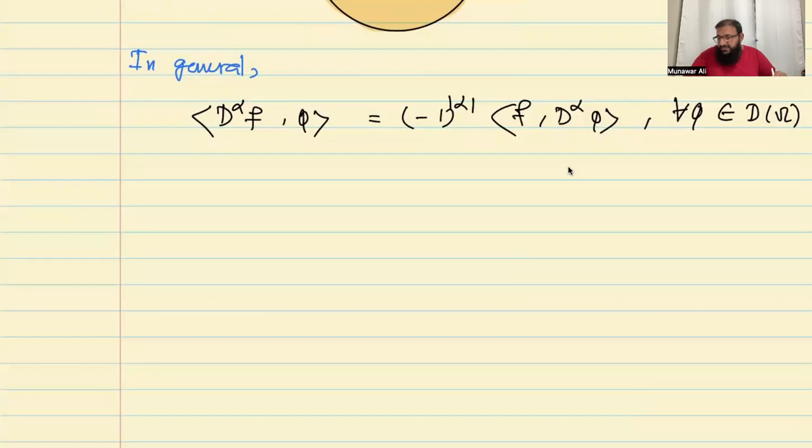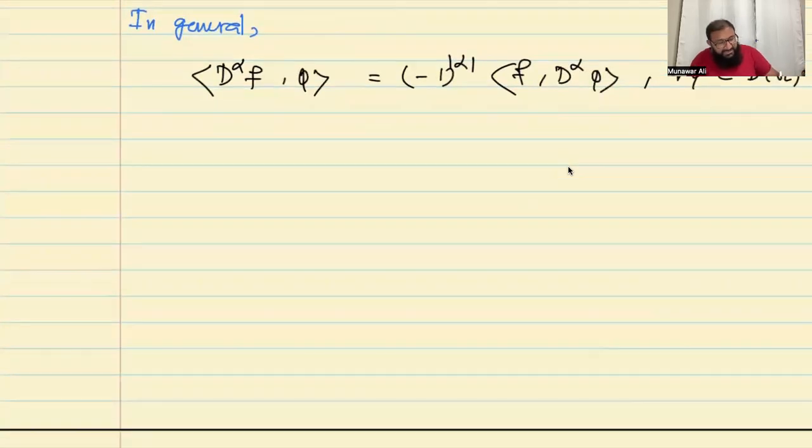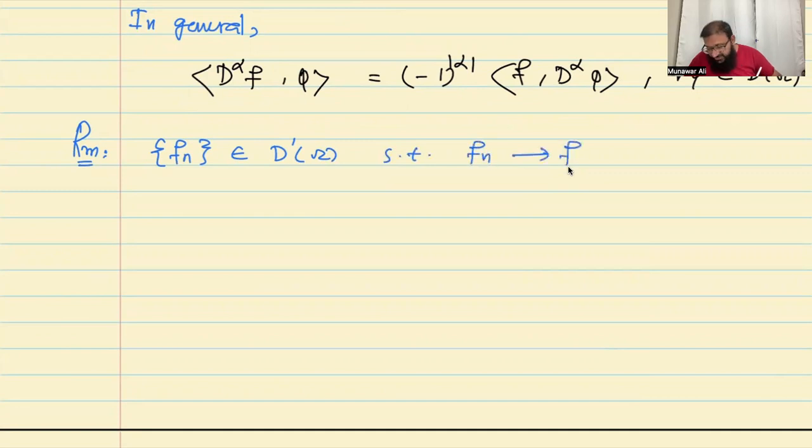And then I have maybe one remark or a lemma that says, let me put a remark. F_n belongs to the space of distributions such that F_n converges to f in D prime of omega, then D^alpha of F_n exists.